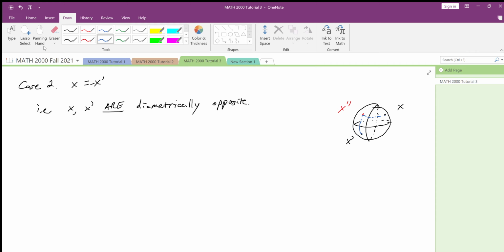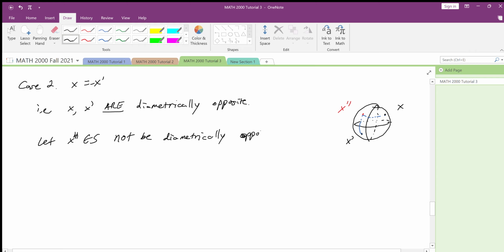Case 2. Let x double prime in S not be diametrically opposite to x nor x prime.